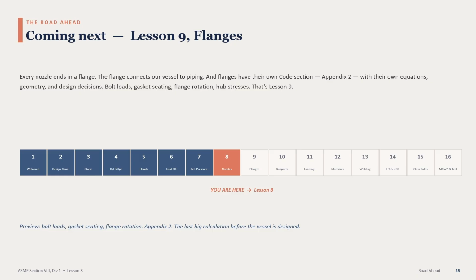And flanges have their own code section. Appendix 2 with their own equations, geometry, and design decisions. Bolt loads, gasket seating stress, flange rotation, hub stresses, and an iterative design procedure that's unlike anything else in Section 8. That's lesson 9.